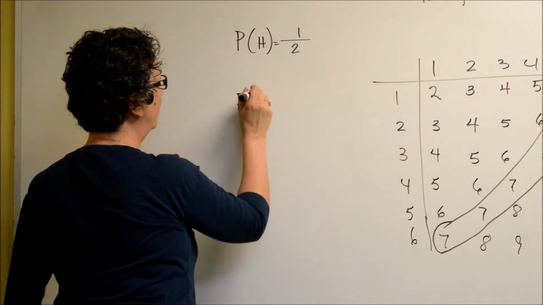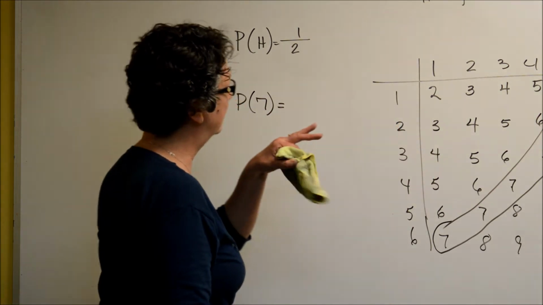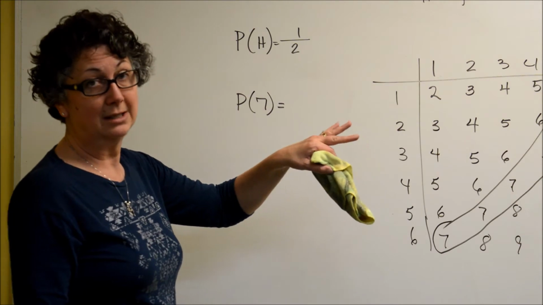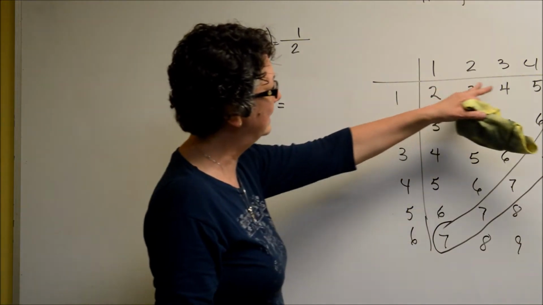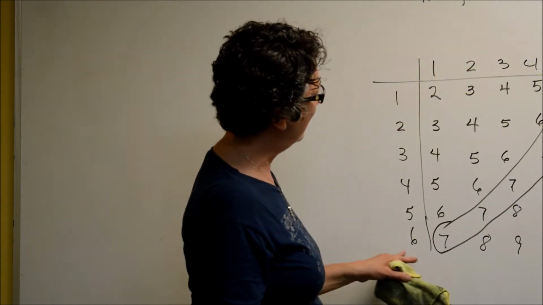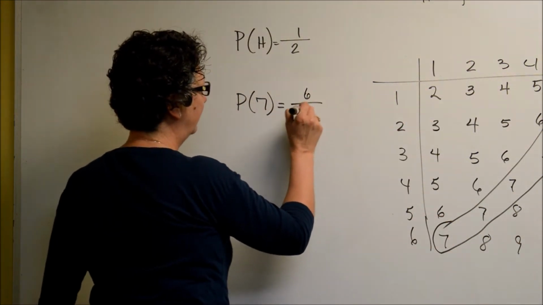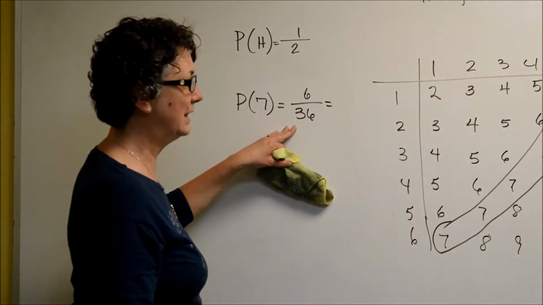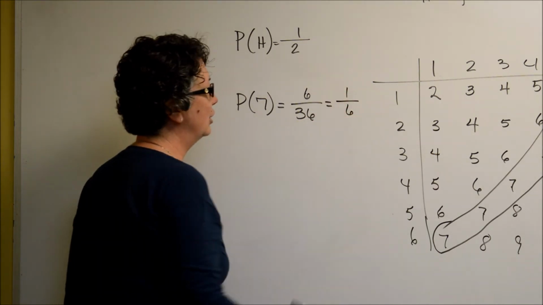So the probability of rolling a 7 when you're rolling 2 dice, if you only had 1, the probability of rolling a 7 is 0, because it's not ever going to come up. But if I have 2 dice, I have 6 desired out of 36 possible. So you have a 1 in 6 chance.